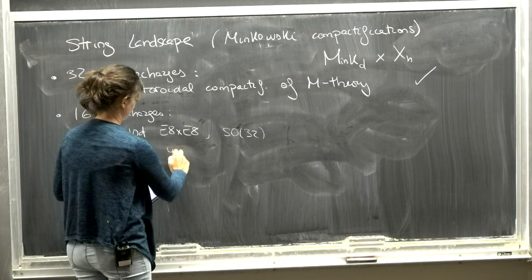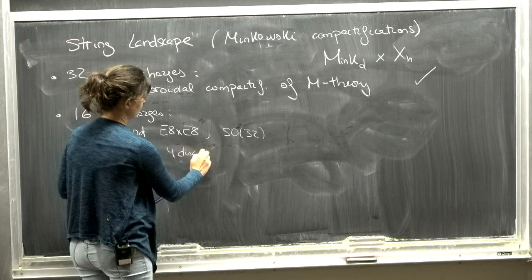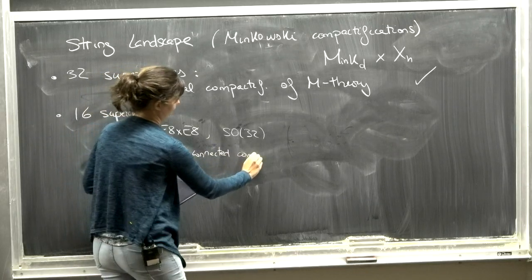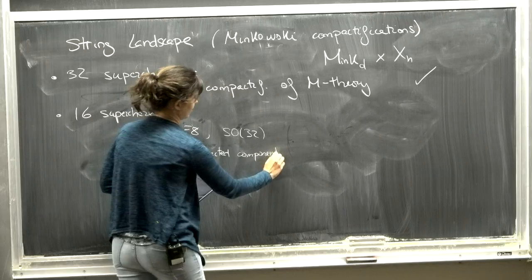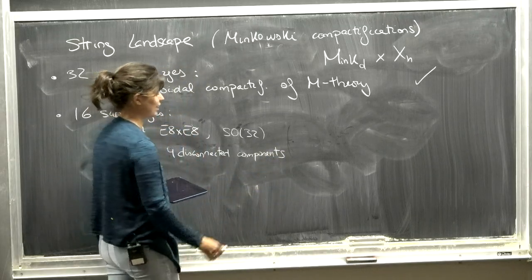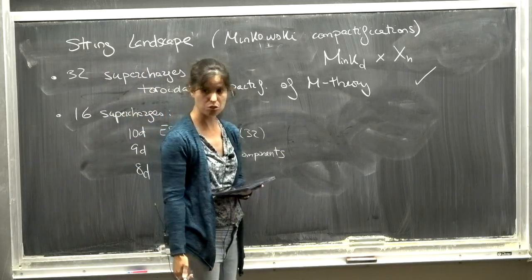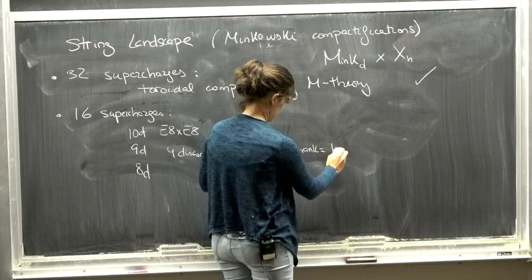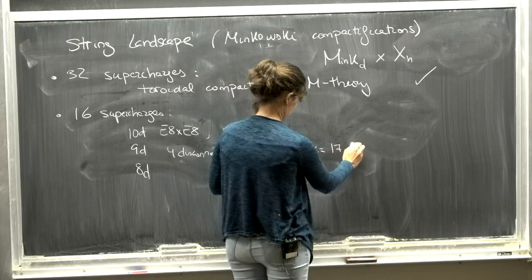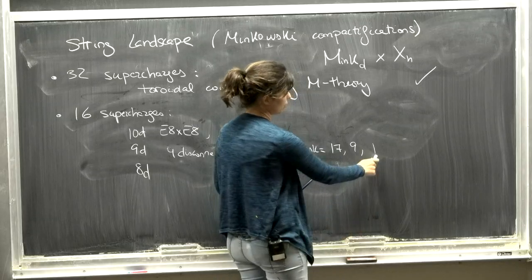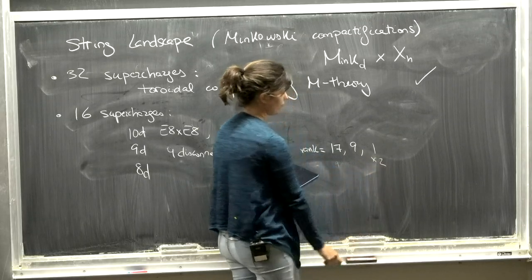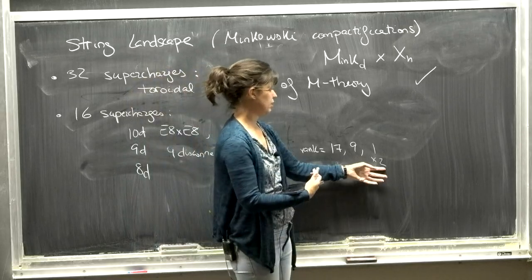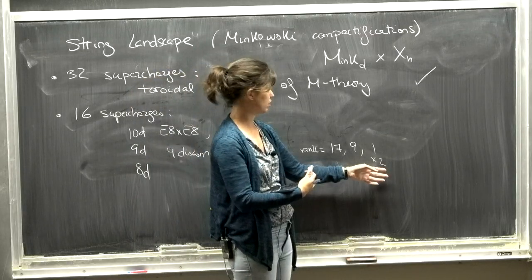But here, for instance, we have 4 disconnected components of the moduli space, classified depending on the rank of the gauge group. So we have rank 17, 9, 1, and 1 we have twice.